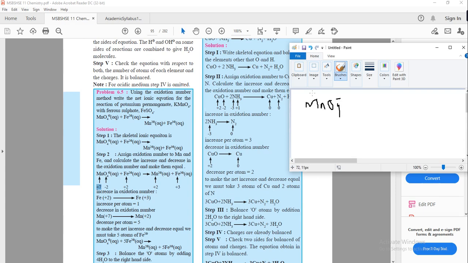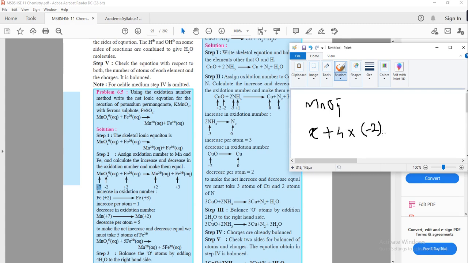We have to calculate for Mn, so we'll consider x. For O4 we'll write plus 4 into, for one oxygen the charge is minus 2, which we know already.